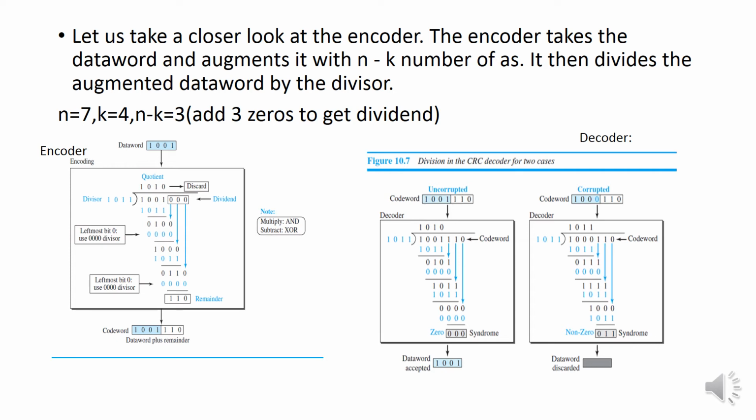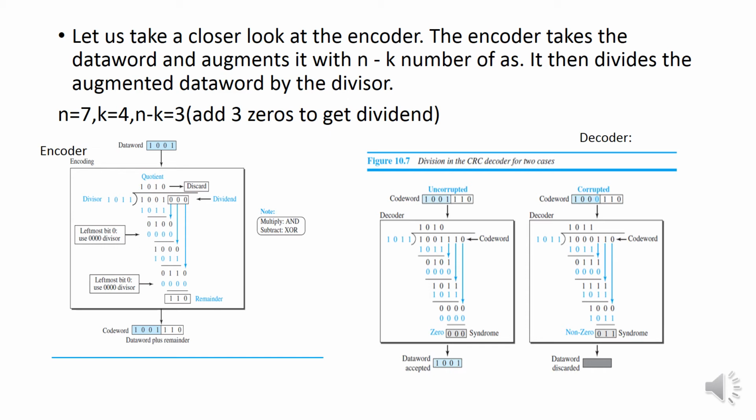If it is 1, directly write the quotient as 1. Now, since the quotient is 1, I perform the multiply operation with the divisor: 1 AND 1 is 1, 1 AND 1 is 1, 1 AND 0 is 0, 1 AND 1 is 1. Now I have to perform the subtract operation, that means the XOR operation.